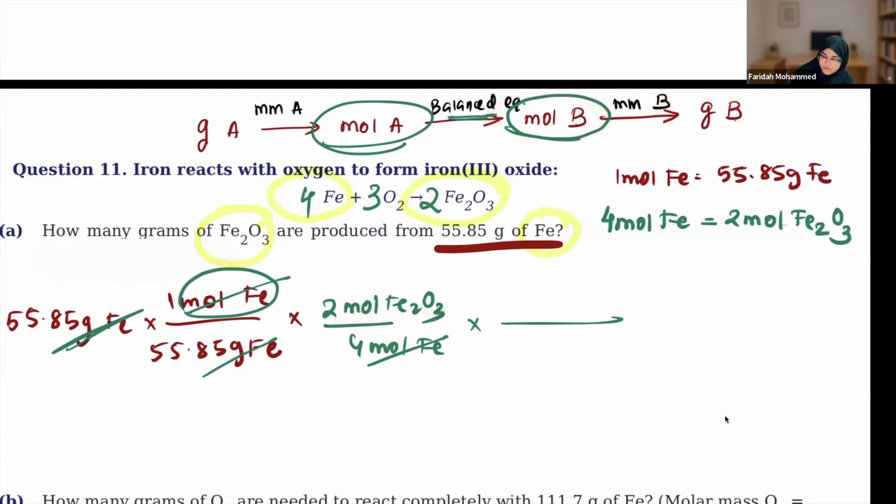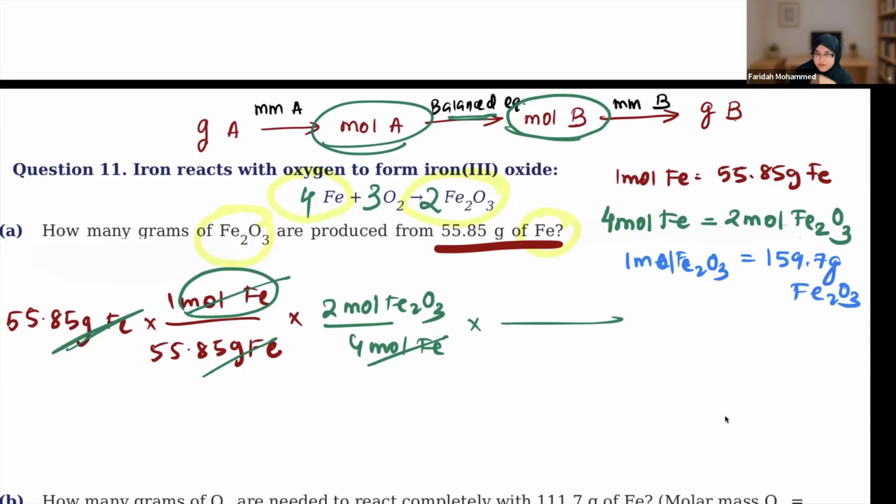What relation are we gonna use? The moles to gram ratio. So 1 mole Fe2O3 equals, I didn't get this far, but I can just do 2 times 55.85 plus 3 times oxygen, which would be 3 times 16, so around 48 plus 55, which would be 159.7 grams Fe2O3.